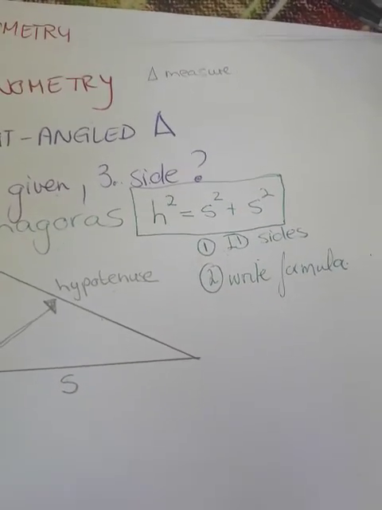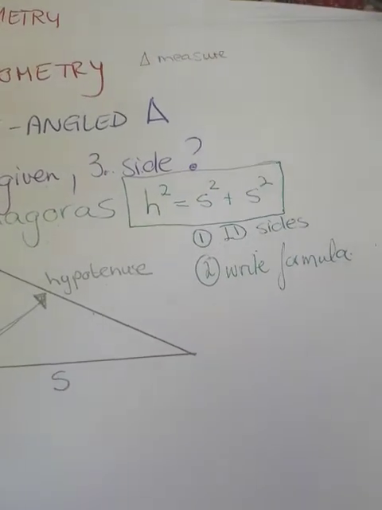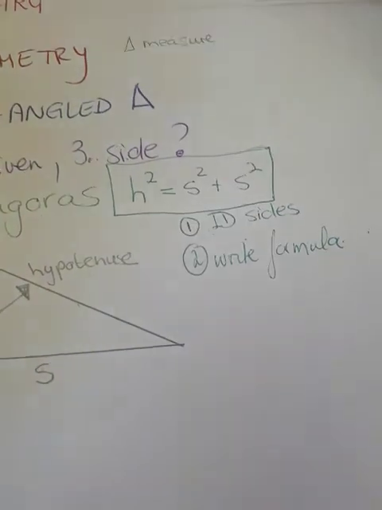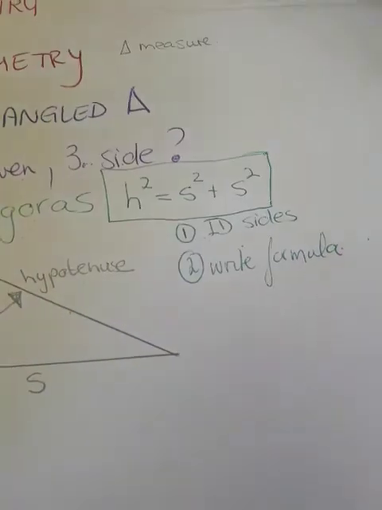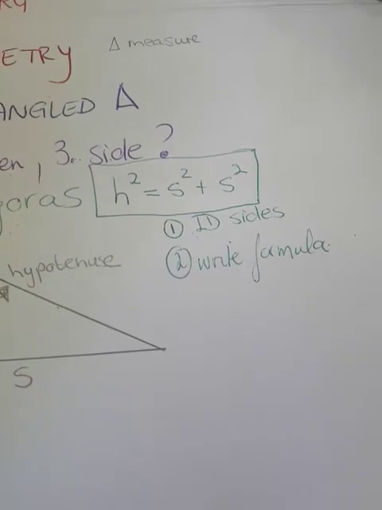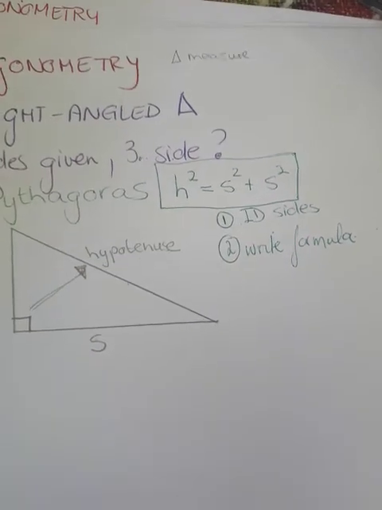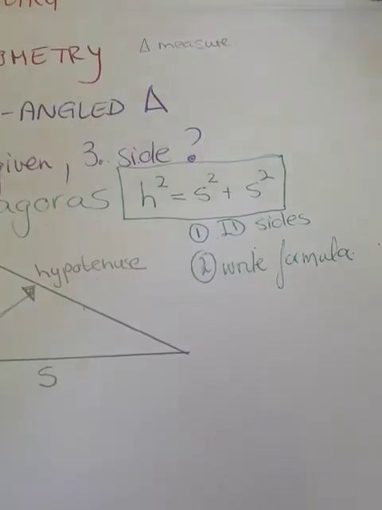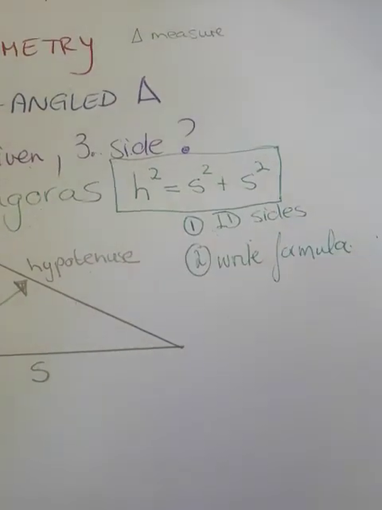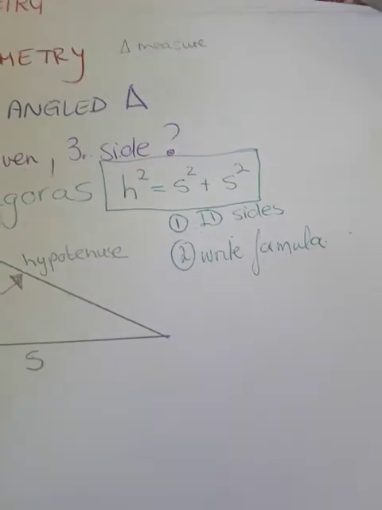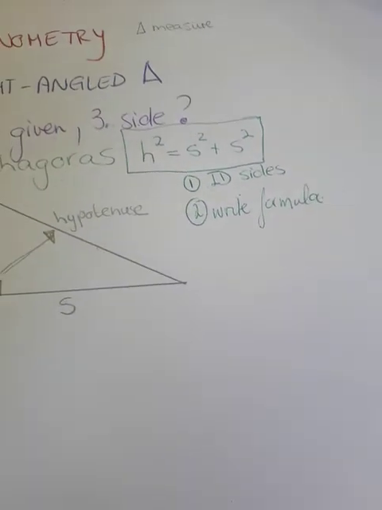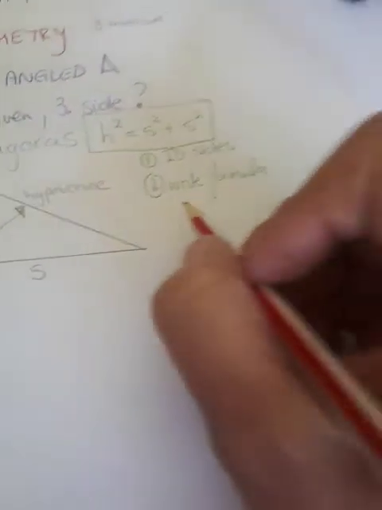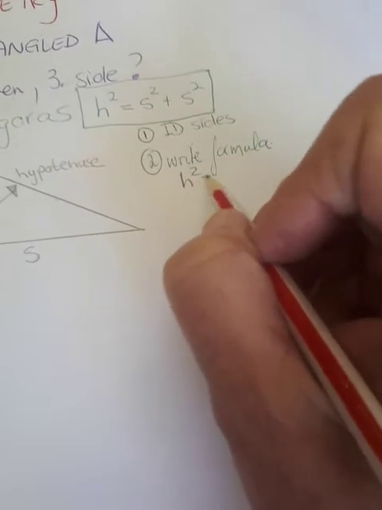We're going to say Pythagoras is hypotenuse squared equals side squared plus side squared. We say it in a rhythm. I repeat. Pythagoras is hypotenuse squared equals side squared plus side squared. Okay, that is Pythagoras. So we are going to start by writing down our formula.